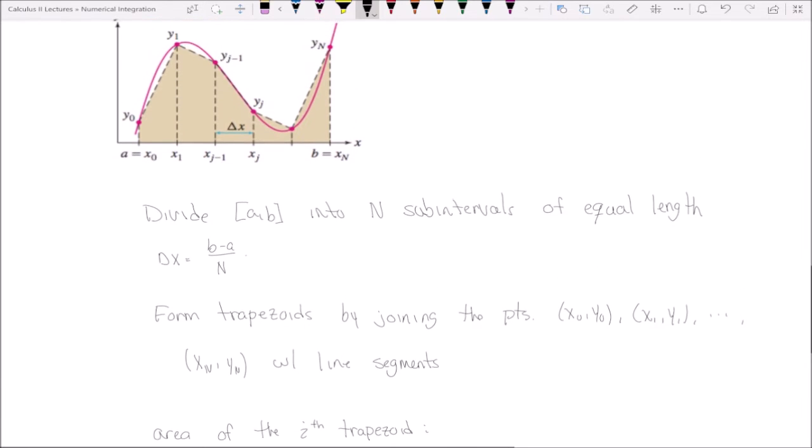So it's 1/2 the base times the sum of the lengths, of the heights, the two other sides. So 1/2 base times the sum of this height and this height. That is the area of a trapezoid.